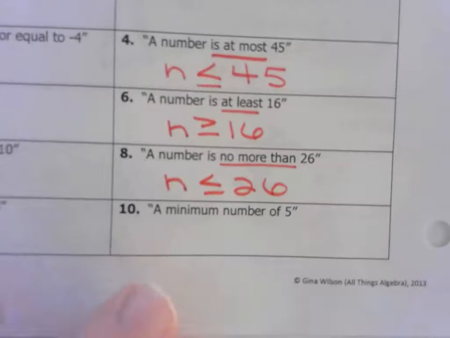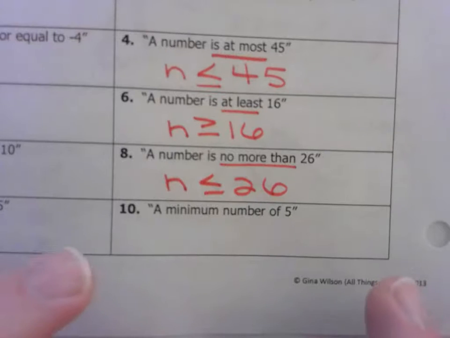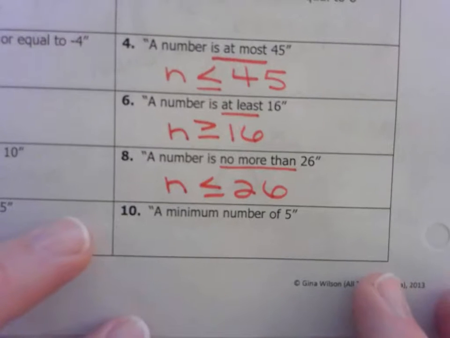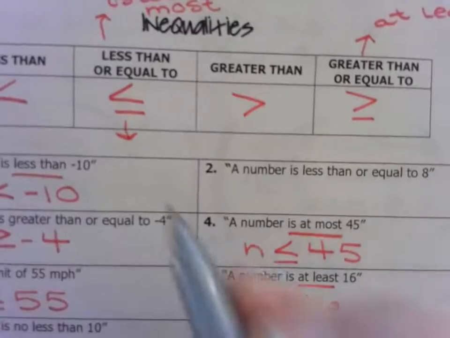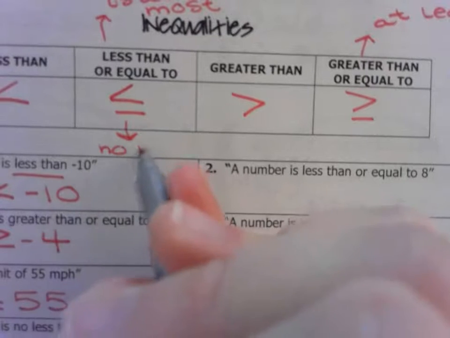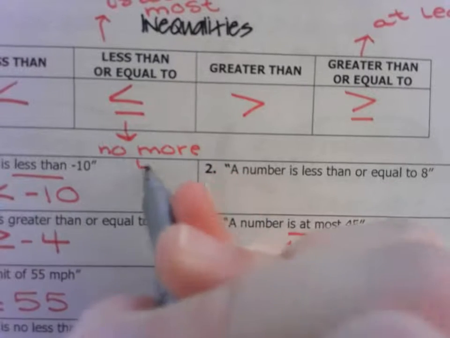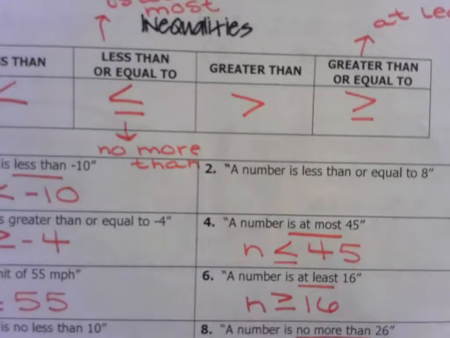No more than means it can't be greater than 26. So let's make another note up to the top. Less than or equal to is also no more than. So those are two phrases.